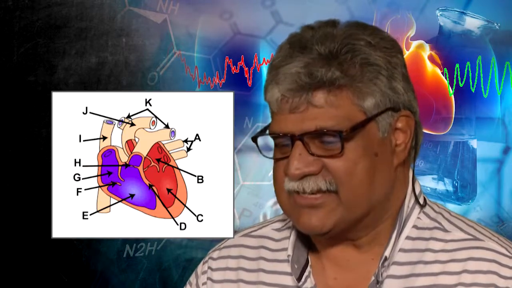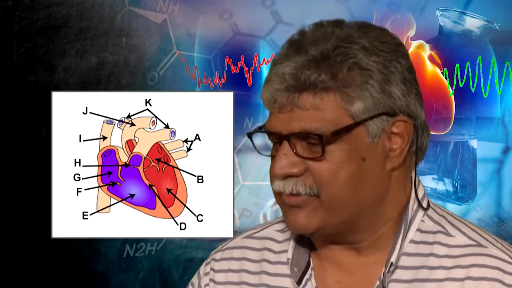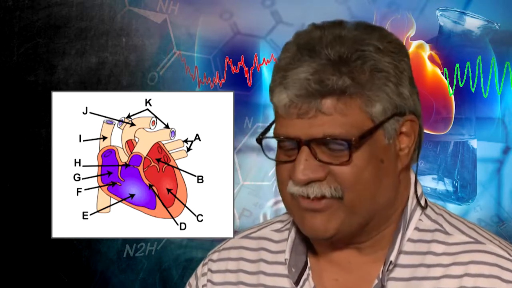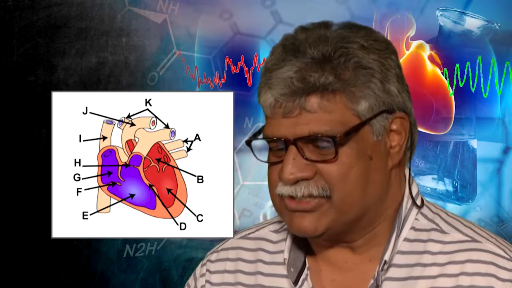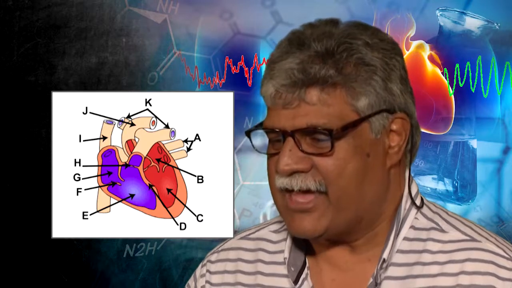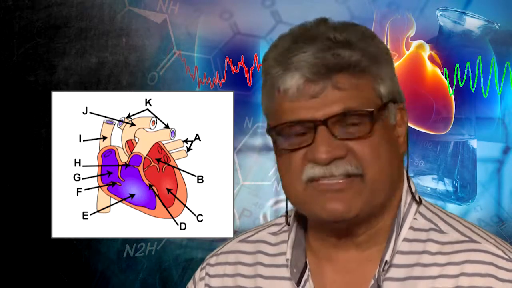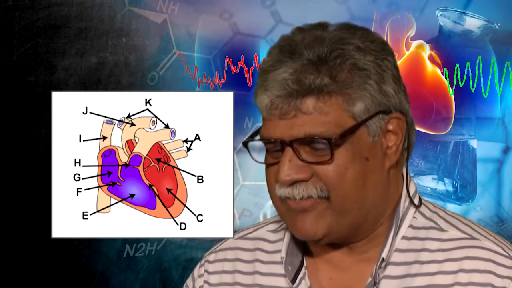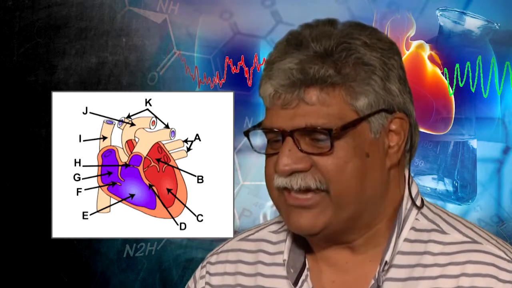The next question that I ask is: state one function of the following, and I'm sure you can write this down. The function of the semilunar valves, that's H. The function of D, and D represents the septum. What's the function of D? And then what is the function of K?